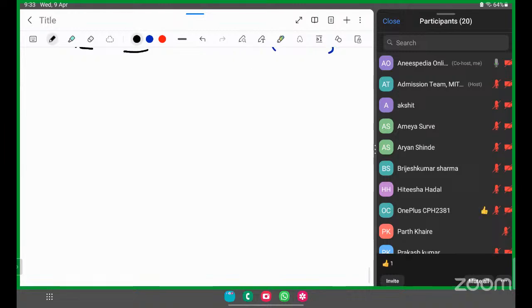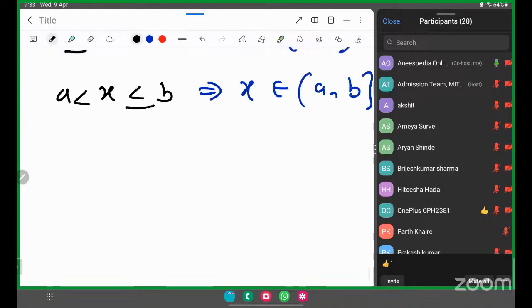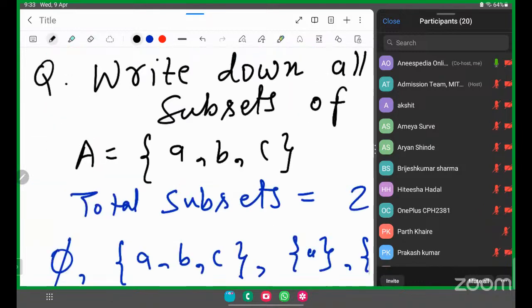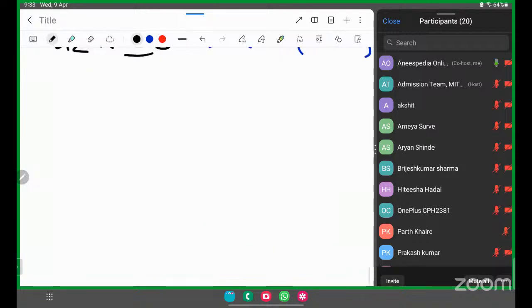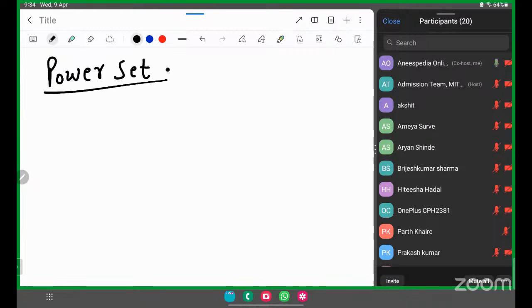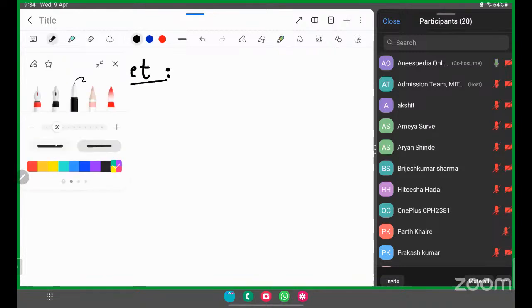Okay. Next point we have Venn diagram. But before that, we have to discuss power set. I just skipped it. What is a power set?